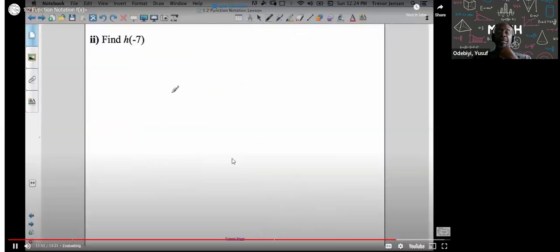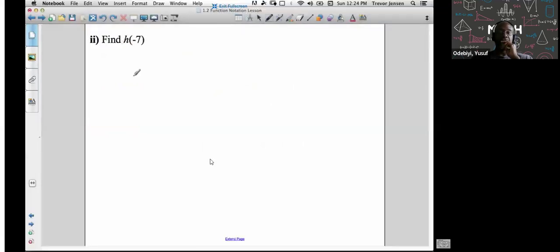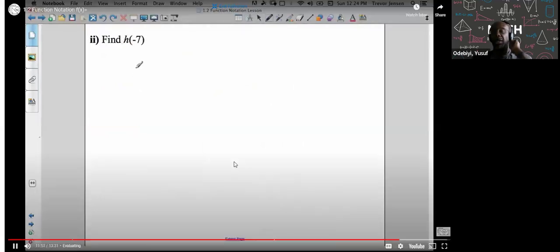The next part of this question asks us to evaluate the height when time is -7. Okay, so when you have a question like that, all you're going to do is plug in the value: t is equal to -7, and plug it in there and figure out what is your h.